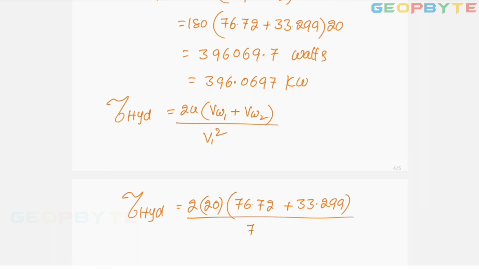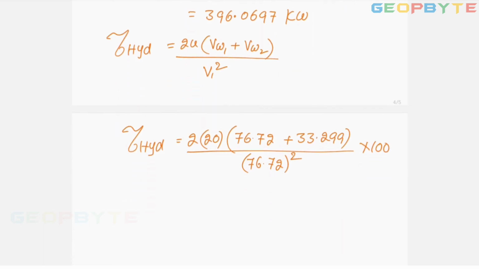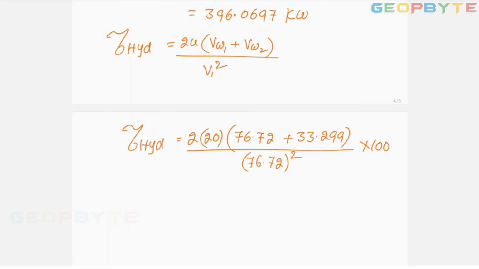So V1 and VW1 both are equal, 76.72 whole square into 100. Simplify this value for getting 74.76%.